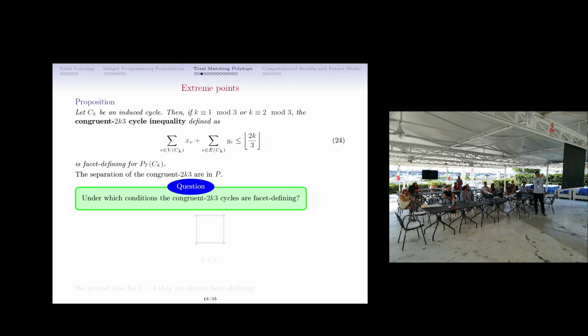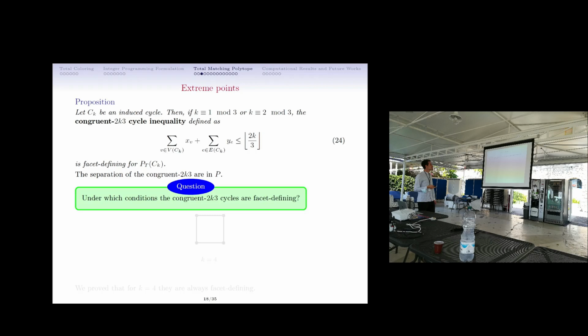So let's consider an induced cycle, where in an induced cycle we have no chords between pairs of vertices. Let C_k be an induced cycle. If the cardinality of that cycle is 1 or 2 modulo 3, then the congruent 2k3 cycle inequalities, written in the following form with floor of 2k over 3, are always facet defining for the total matching polytope of the cycle itself.